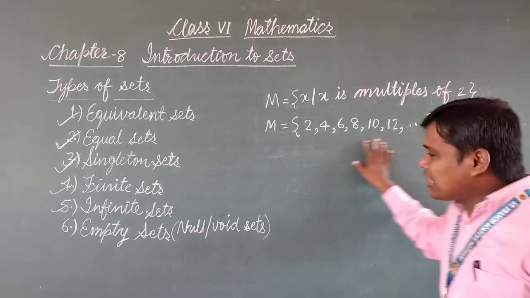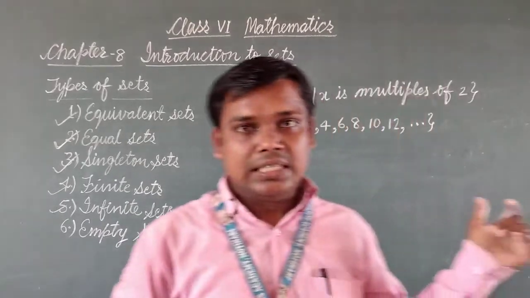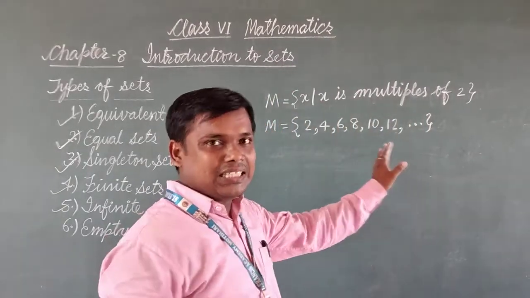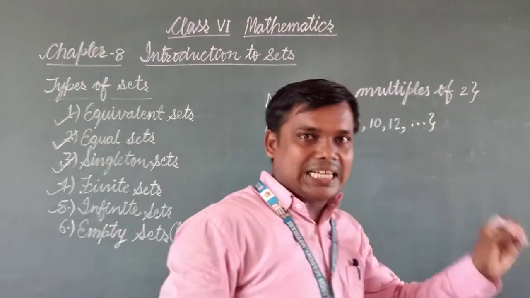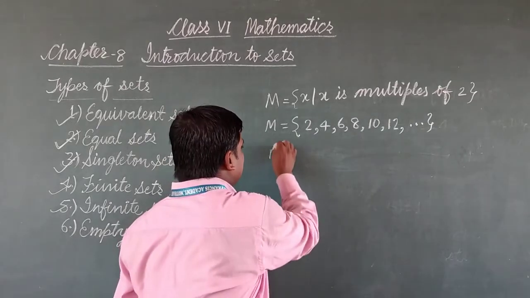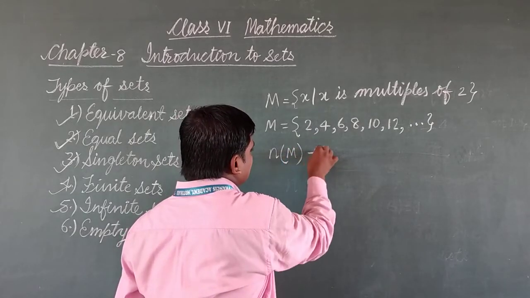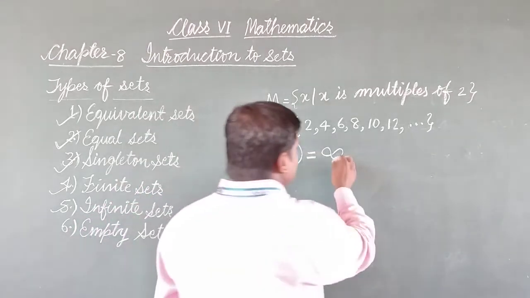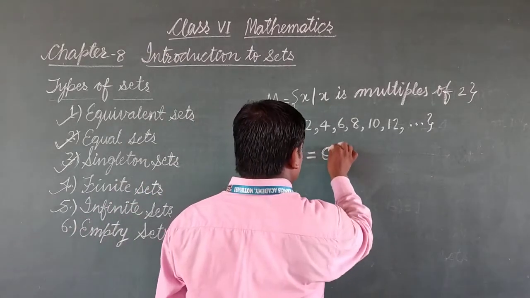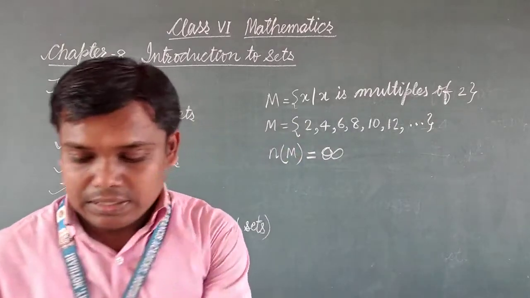We cannot list all the elements of the set and we cannot write the cardinal number for this set. So actually cardinal number of this set will become infinity.